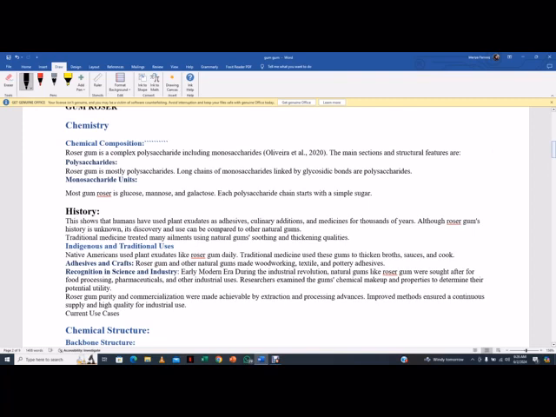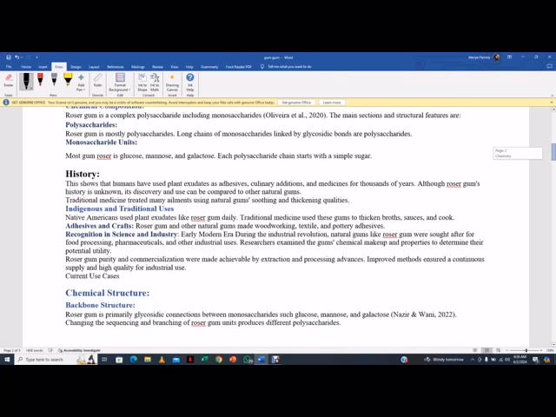Next is the history of gum rosin. Plant exudates have been used for thousands of years, like in adhesives, cooking, and traditional medicines. The exact history of rosin gum is unclear, but its uses are comparable to other natural gums.